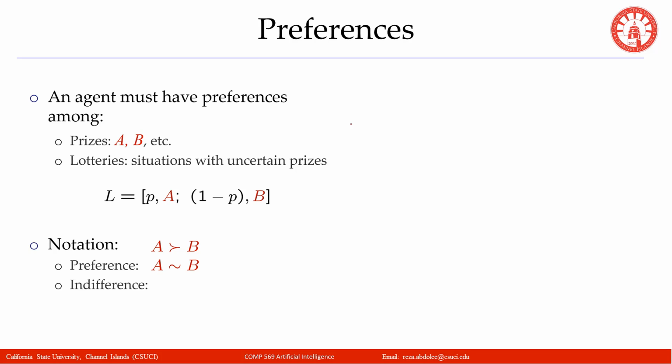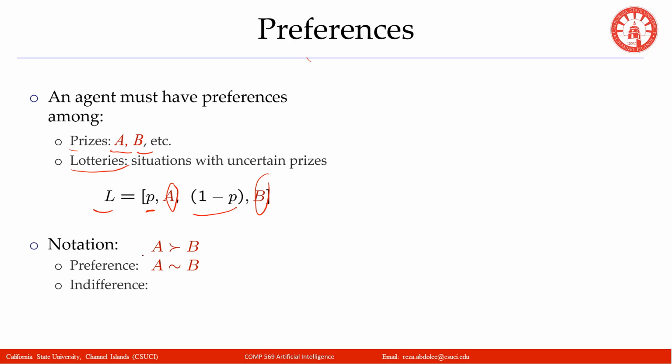To formulate this problem for preferences, we have a notion of prizes. Prizes could be prize A or prize B or some other prizes. Then we have the notion of lotteries. Lotteries are situations with uncertain prizes. For example, in lottery L, you could get prize A with probability P, or you could end up with prize B with 1 minus that probability when there are only two prizes.